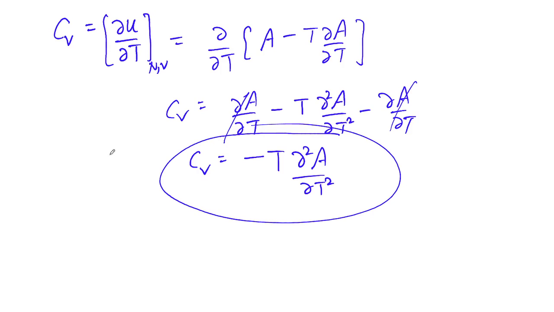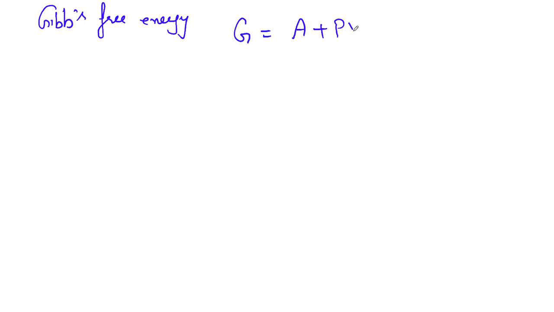Now we have to establish a relation between this probability function P_r and entropy. Now Gibbs free energy, which is generally represented with G, is equal to A plus PV, and putting the value of the pressure, that is minus ∂A/∂V, I can rewrite this equation.